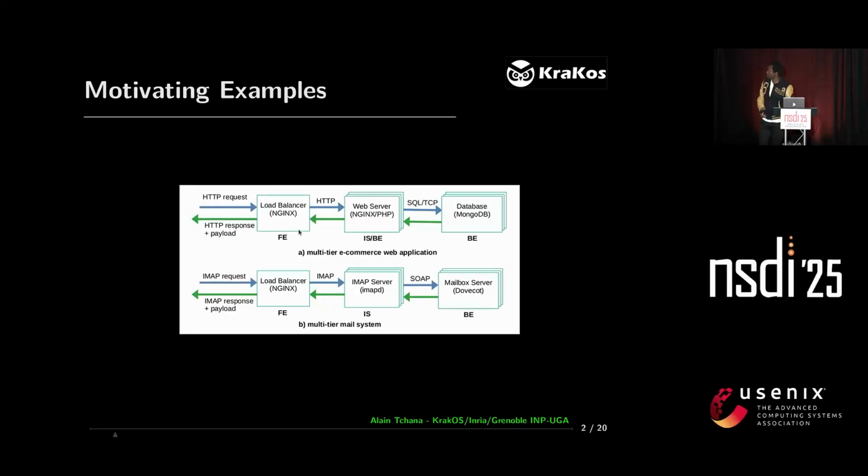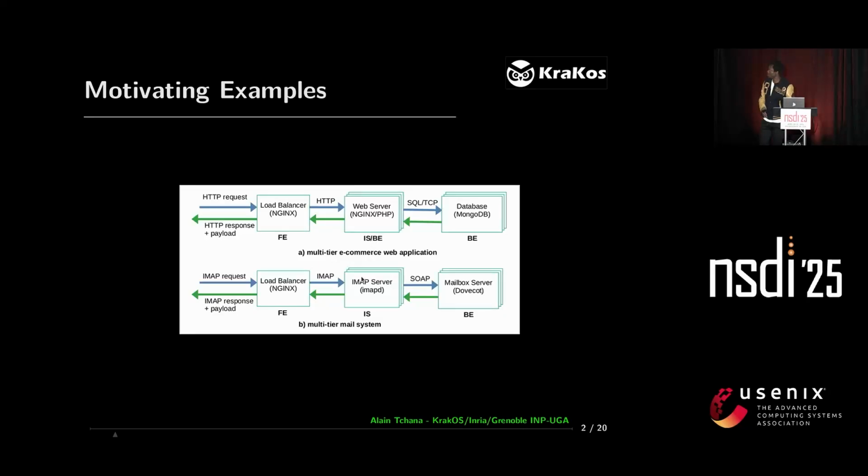This is a three-tier application. The load balancer receives the request and forwards it to a web server, which can send the request to a database or a file server to extract some data. And we have the return path.